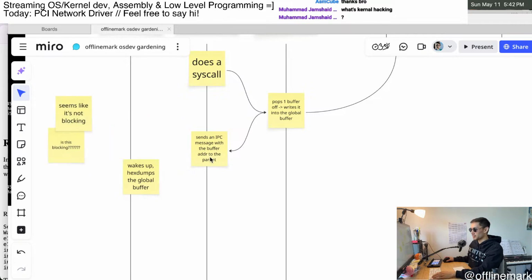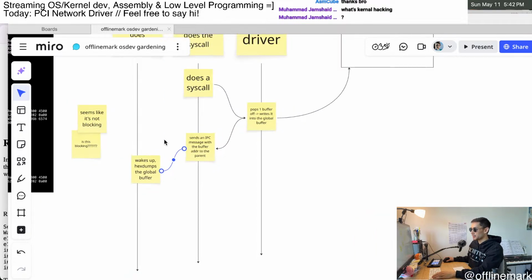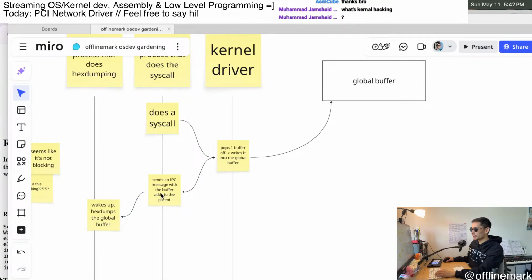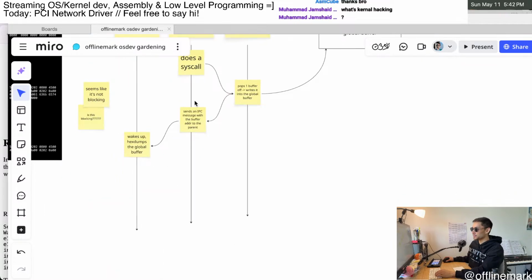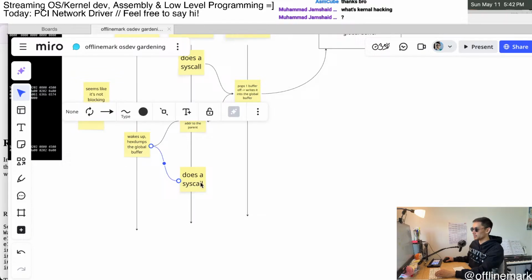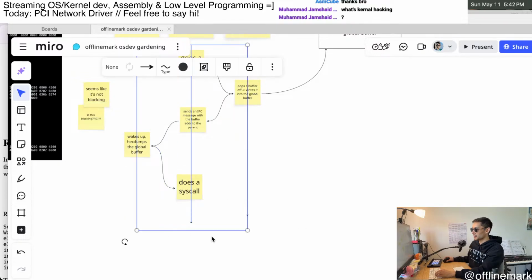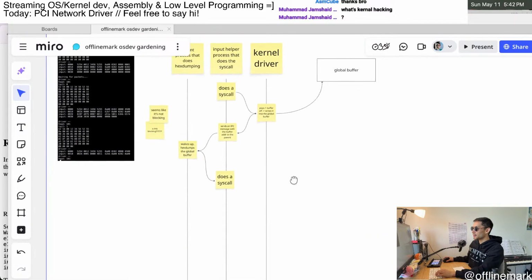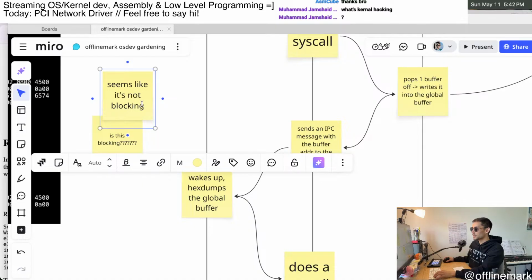If this was a blocking call, so the data gets filled in here, if this was a blocking call, then the parent can just safely wake up, read out the global buffer, print it out, and then transfer control back to the helper process. But let me explain the bug.